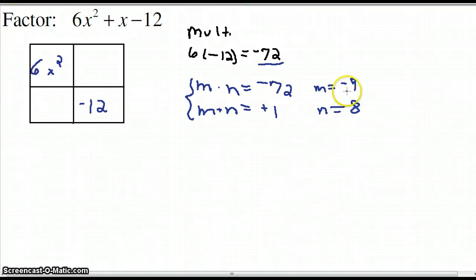I'm sorry, that's totally wrong. Positive 8 and a negative 9 in order to end up with a positive 1. Great. What do we do with these? We fill in the other squares, not just with these numbers though, with these numbers as coefficient on x. So it doesn't matter what you put where. And so I'm going to put the 9x here and the negative 8x here.